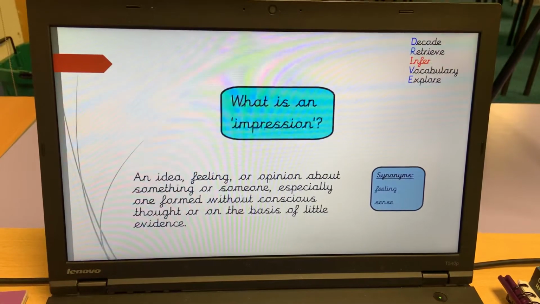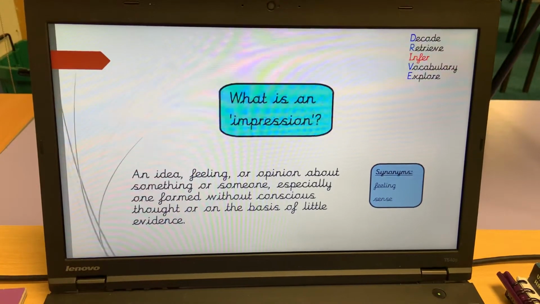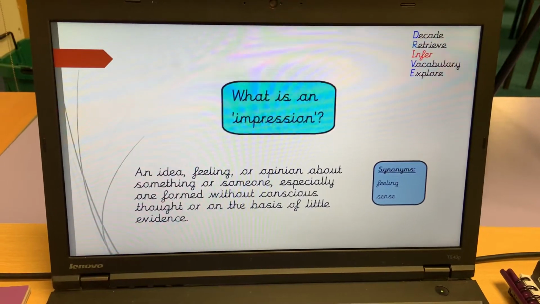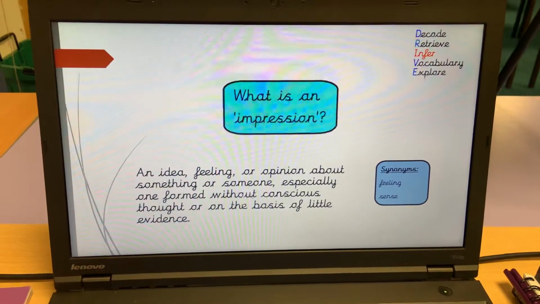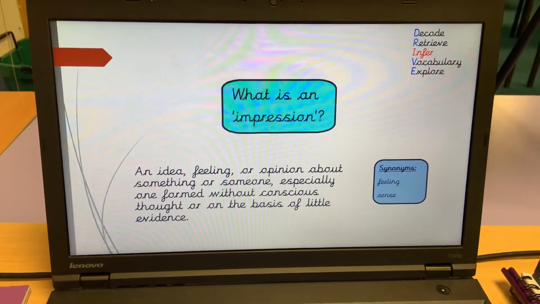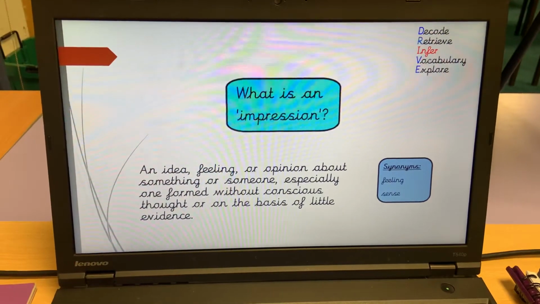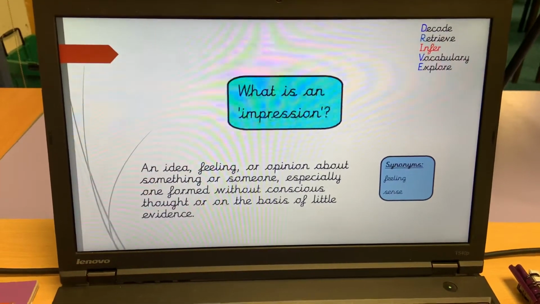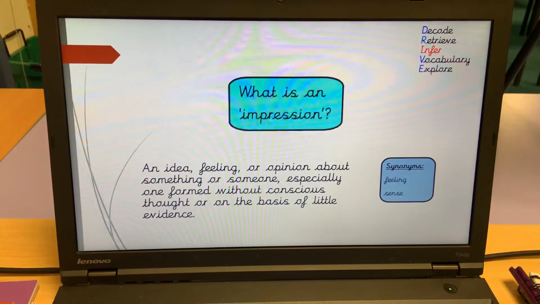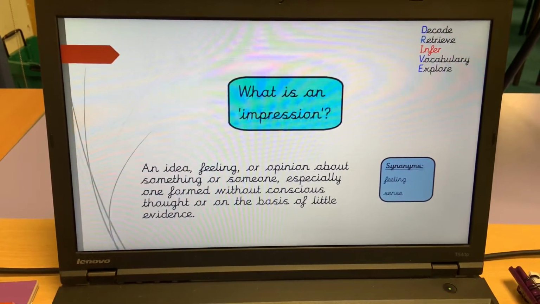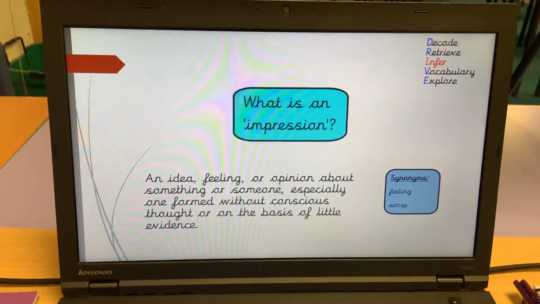So what is your first impression when you meet someone, for example? You could think they're a nice person. You could think, oh, they're not my cup of tea. Or your first impression of a place. When you first go somewhere, you could think, oh, I really like this place, or oh, I'm not sure about that. So an impression is something that you form about something, and it's a feeling, idea or sense about that place or thing or person.